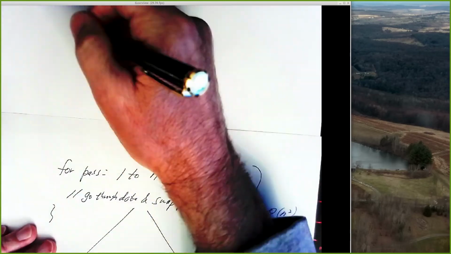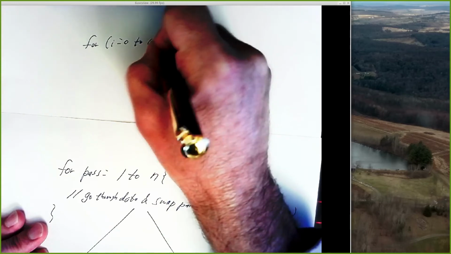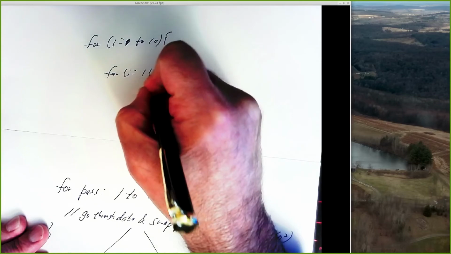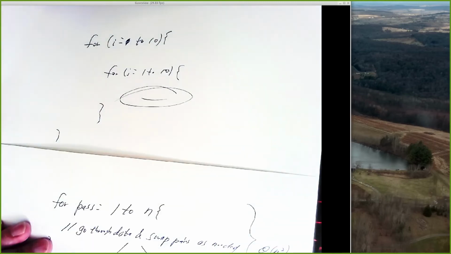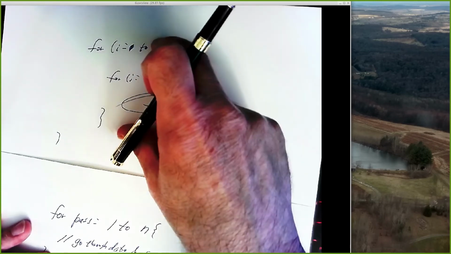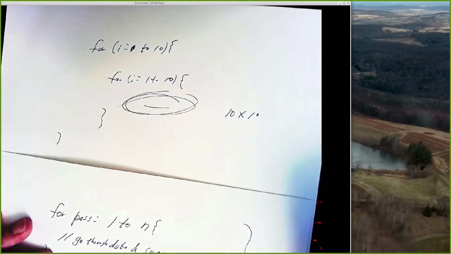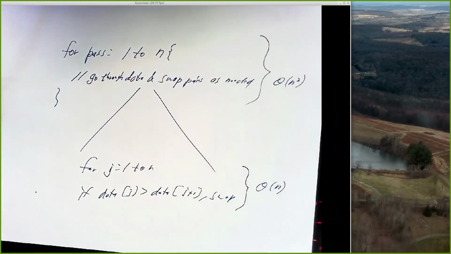And this is nothing more than if you just wrote for i equals 1 to 10, and in here you said for j equals 1 to 10, how many times does this thing execute? It's going to be 10 times 10. This loop will run 10 times, and this whole loop itself will run 10 times. So this stuff in the middle is going to happen 10 times 10, or n squared. So bubble sort is order n squared.